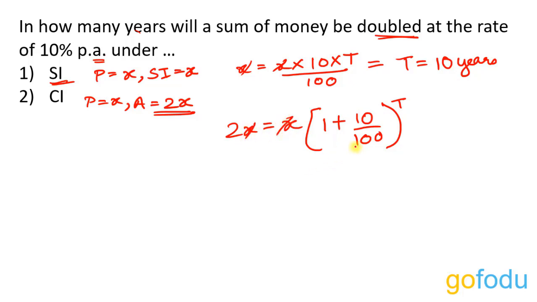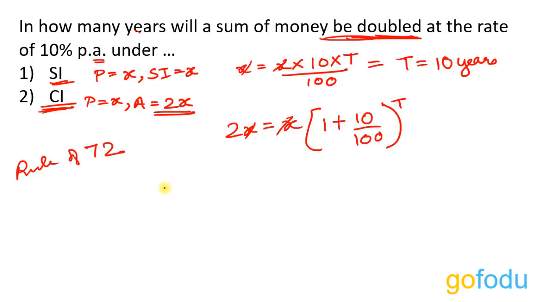And now solving this will require a calculator or a log table. So we have an easy way out, an approximation just for this special case of money doubling under compound interest. You should remember that this approximation that I am going to tell works only in case of money doubling under compound interest.